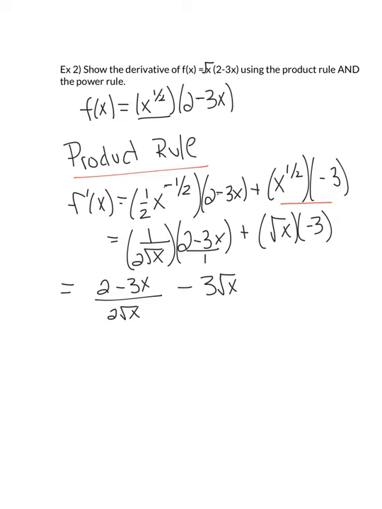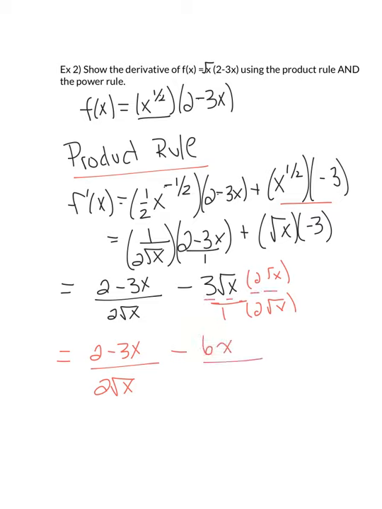Now, I'm going to get a common denominator so I can simplify this a little bit more. We know that this is over 1, and if I want a common denominator, I'm going to be multiplying this by 2 root x and this by 2 root x. So I'm going to be getting 2 minus 3x over 2 root x minus 3 times 2 is 6, root x times root x is x, over 2 root x.